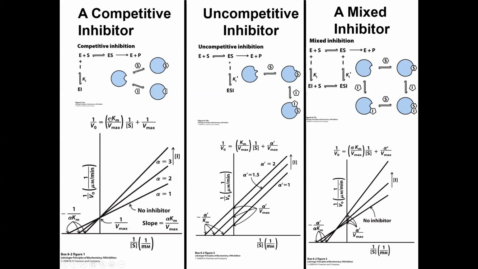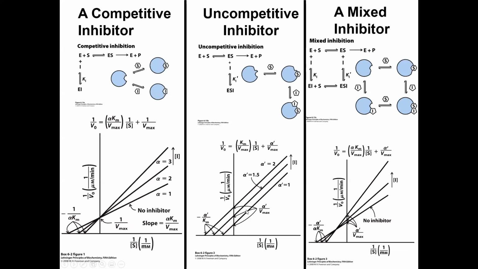That's it. What happens when you have an uncompetitive inhibitor? You do exactly the same experiment, but you will notice that in this case your lines don't merge. They don't merge at any place. They are parallel lines.